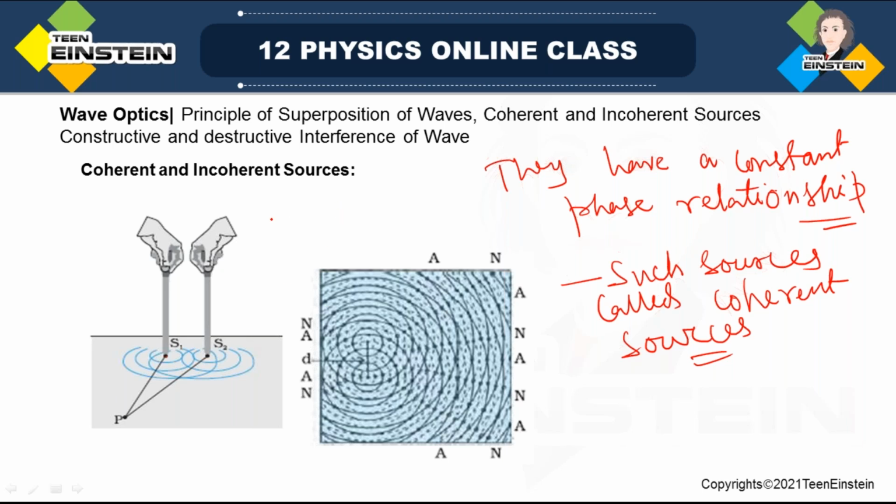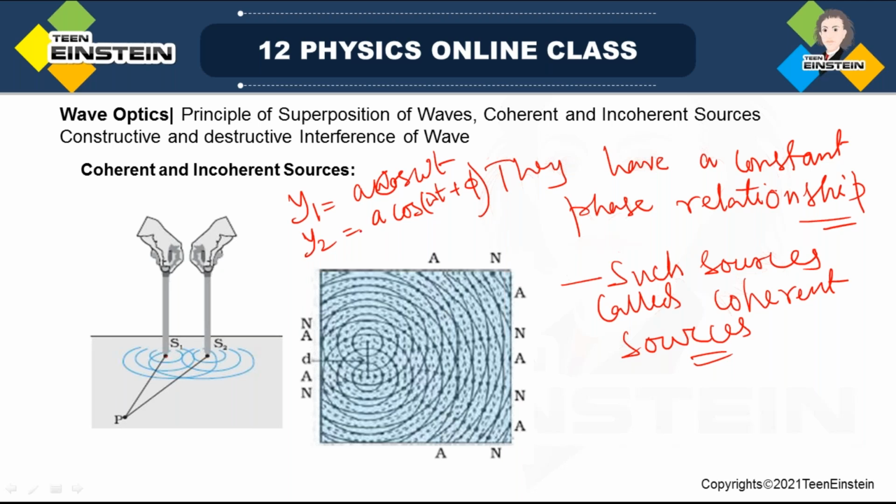Suppose S1 is creating a wave which has displacement a cos omega t, and the other one is creating a cos of omega t plus phi. So phi is the phase difference between them.